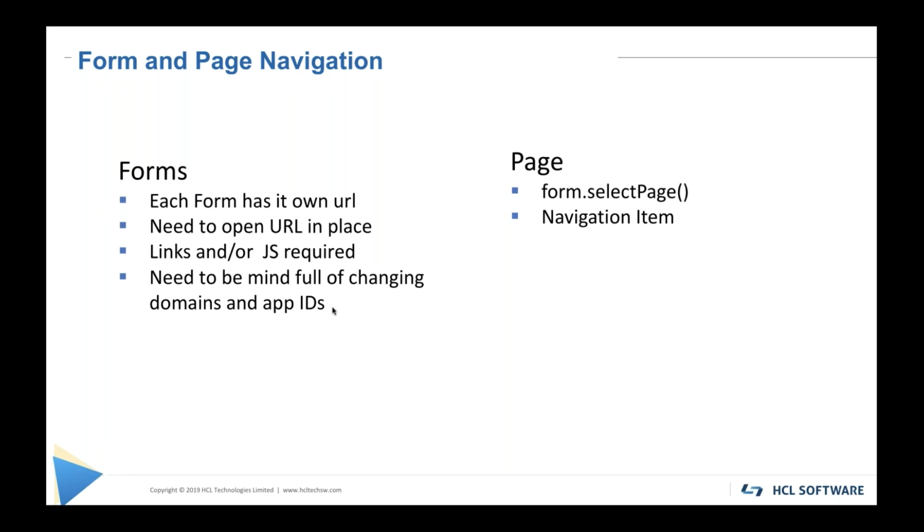All right. So what you want to do is, for the experience, you want to open it in place. Well, how do you do that? Well, you can do that with links, where links open in place. You can also do it with JavaScript. But one of the things that you need to be mindful of when you're building form-to-form navigation is the URL.